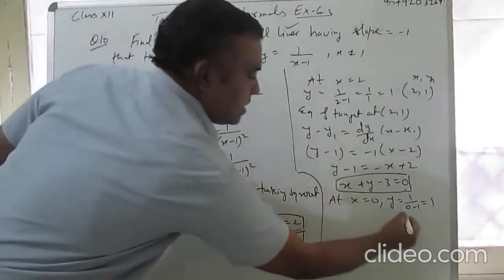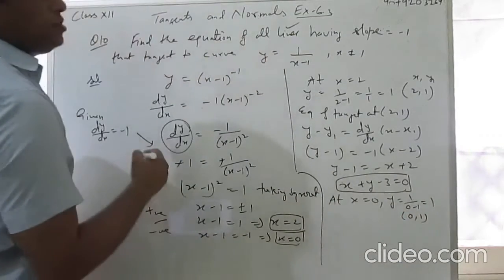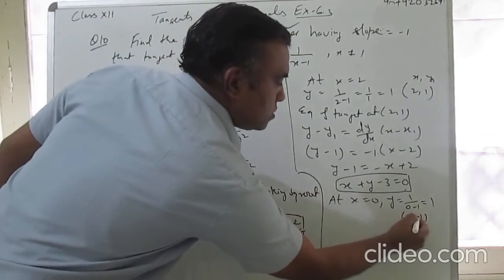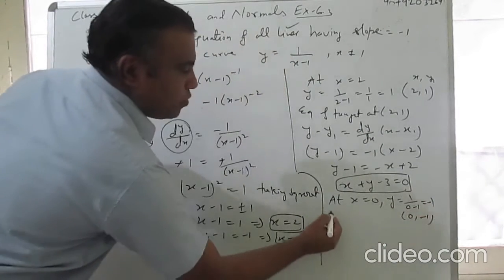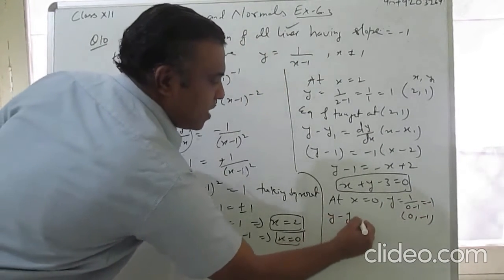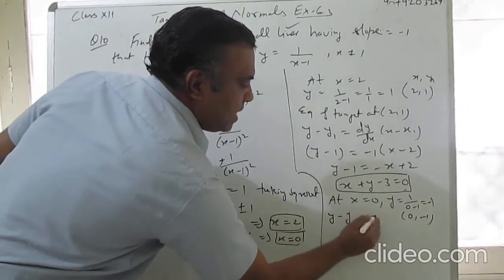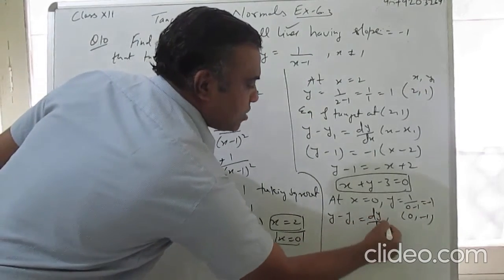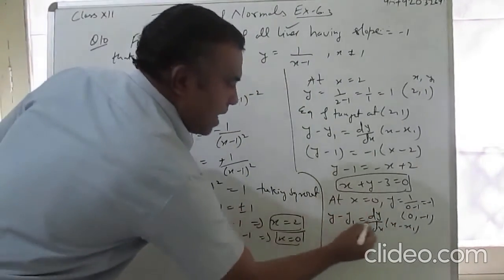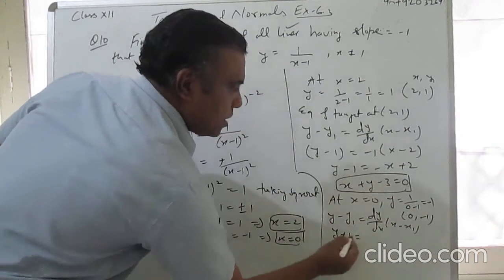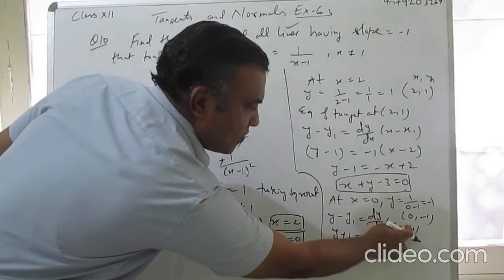So the point is 0, -1. So equation of tangent is y minus y1 m, यानी कि dy by dx x minus x1. Now y plus 1 is equal to -1 times x minus 0.